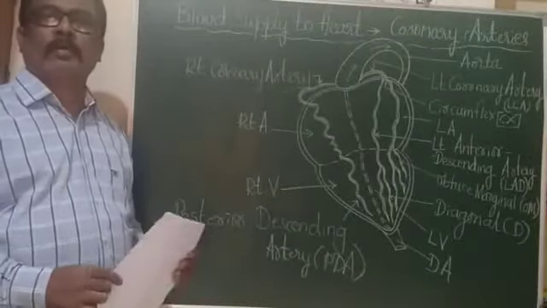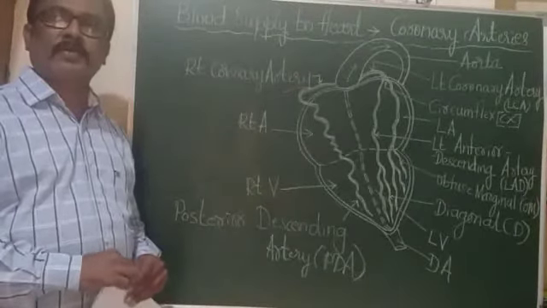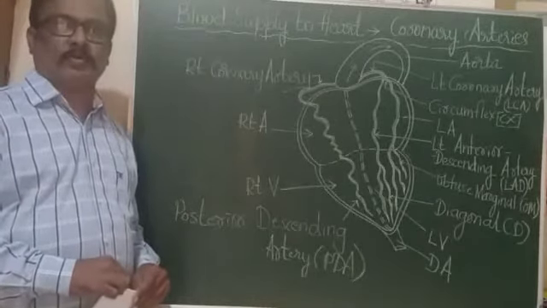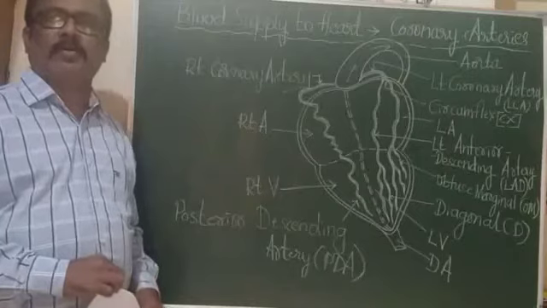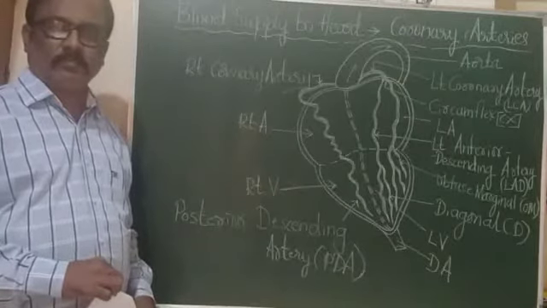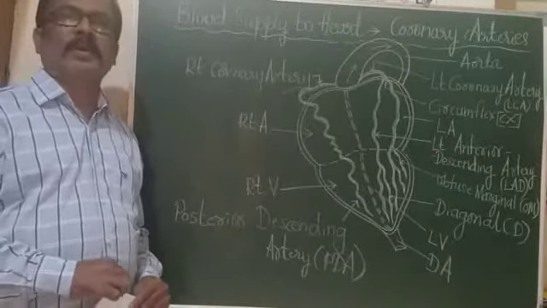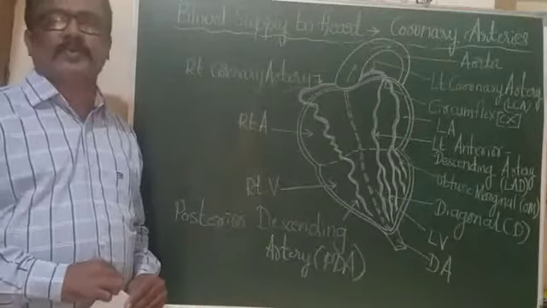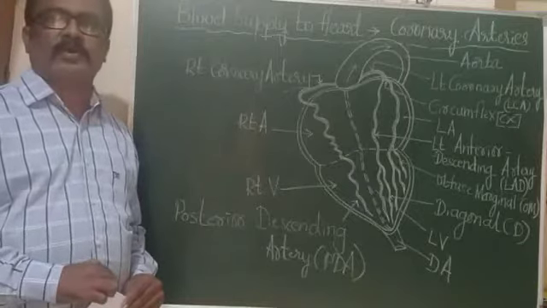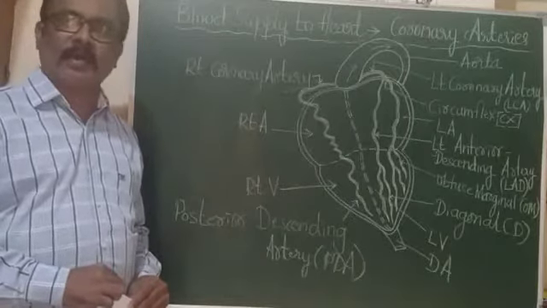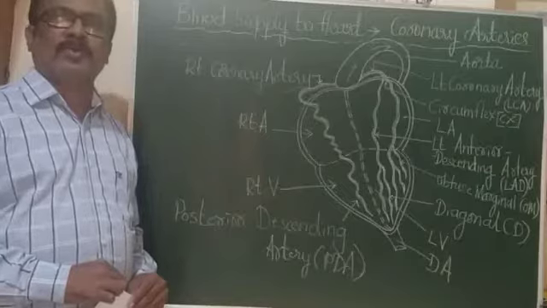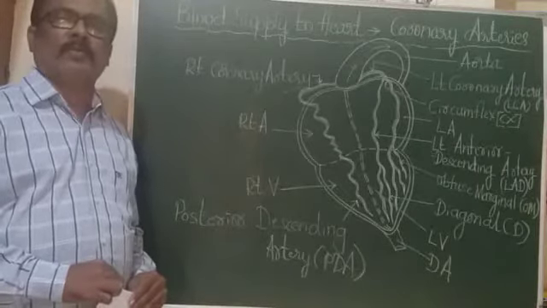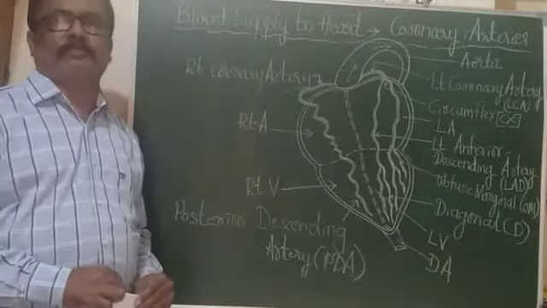Okay, in the previous class we discussed the function of the heart, in the sense of blood circulation or double circuit system, where we discussed the greater circulation or systemic circulation and the lesser circulation or pulmonary circulation.